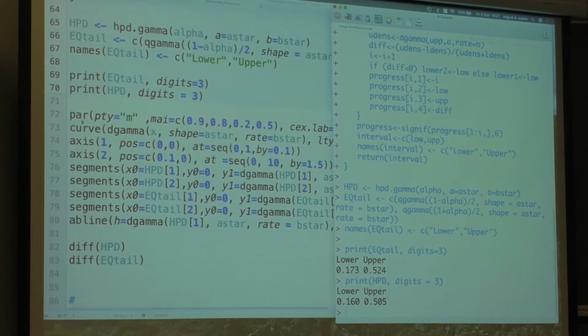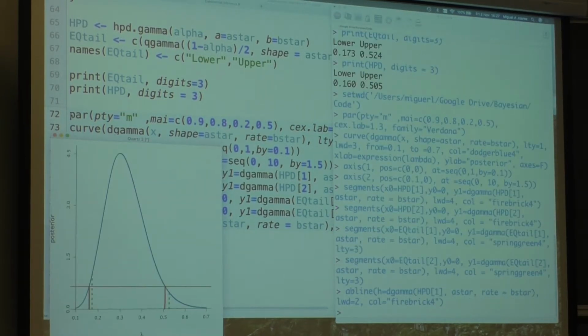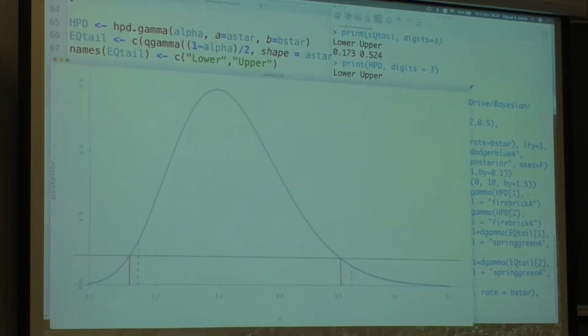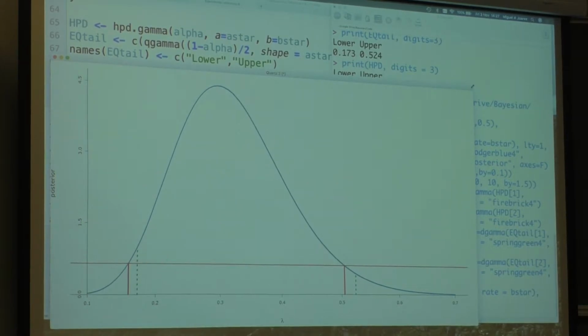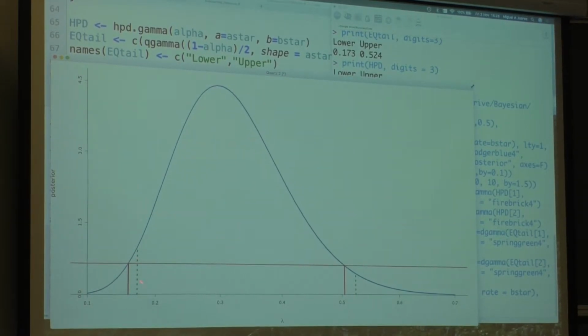But probably what is easier to see is obviously the posterior distribution, okay? So hopefully that will give you an idea of what is going on. So the segmented lines are the equally tailed. So to the left of this line, it's 0.025 probability.